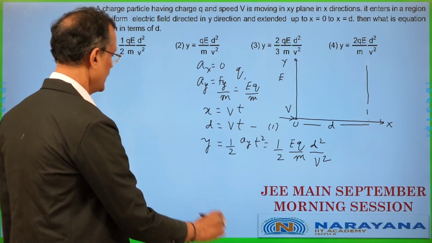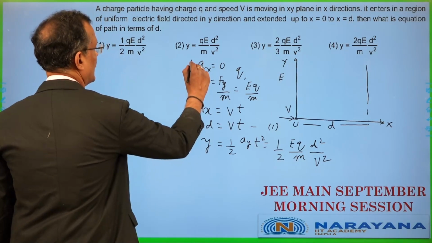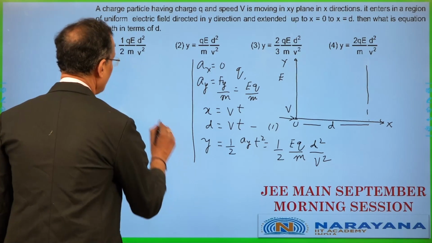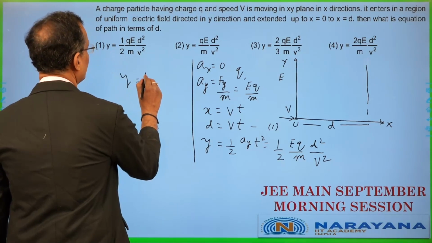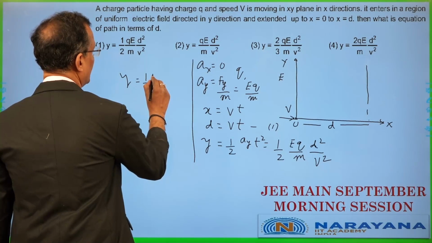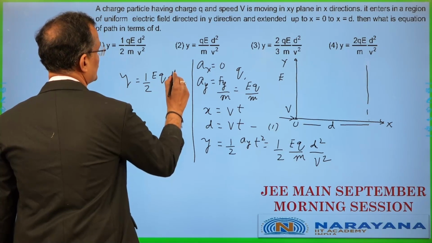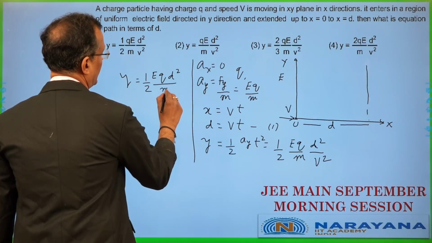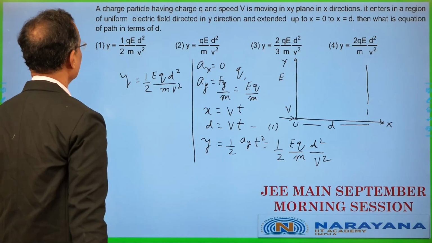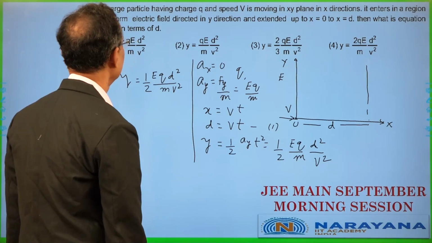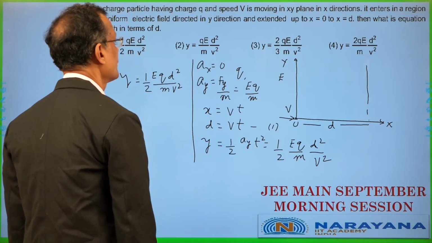So what is your equation? Finally, I am writing here y equal to half Eq, d squared by m v squared. Check here, where is the answer?